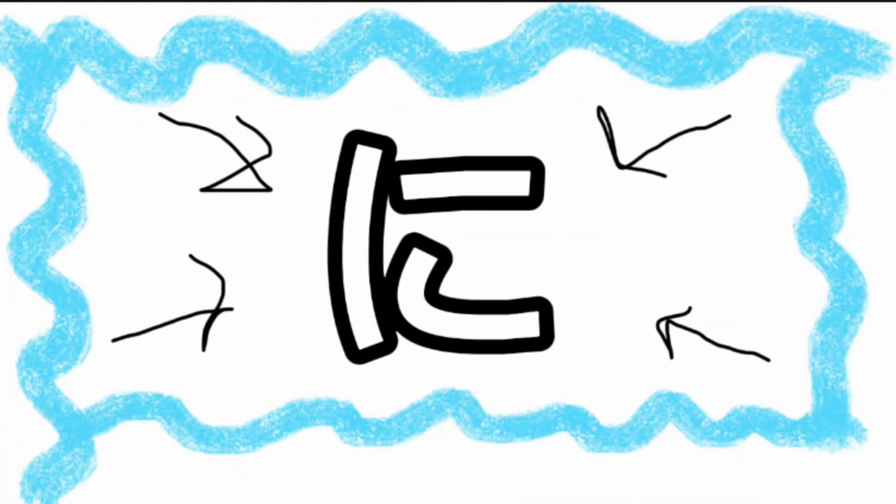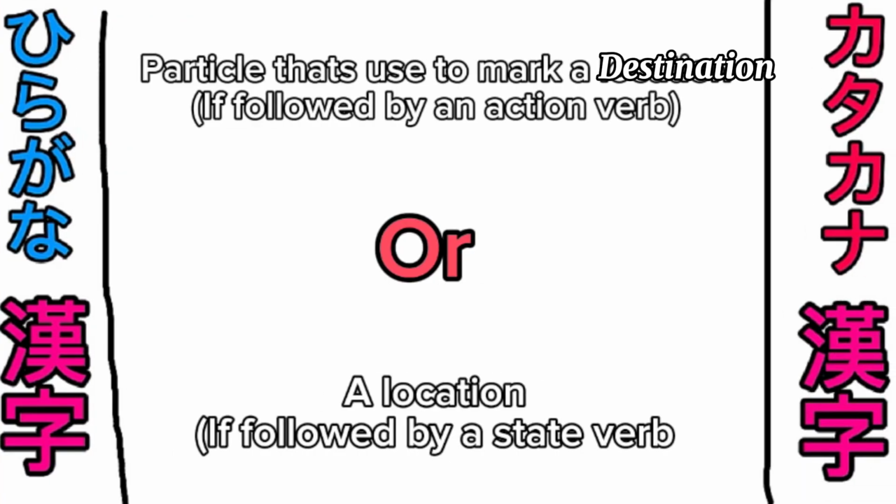You know what else I'm going to blow your mind with? The next particle. The next particle we're going to be talking about is ni. Ni actually has two functions depending on the scenario. The first function is that ni is used to determine the destination. And in case no one knows, destination means the place where you will be going, not the place where you're at.